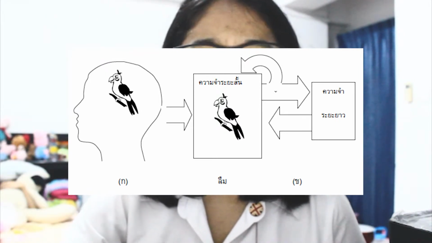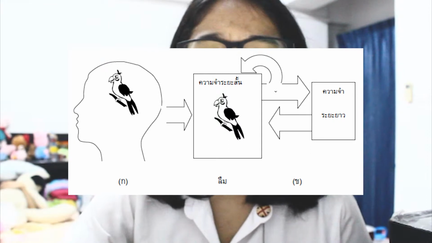Encoding in short-term memory is encoding of sound and meaning. Encoding an image is important to children's memory. The image should have a definite meaning.